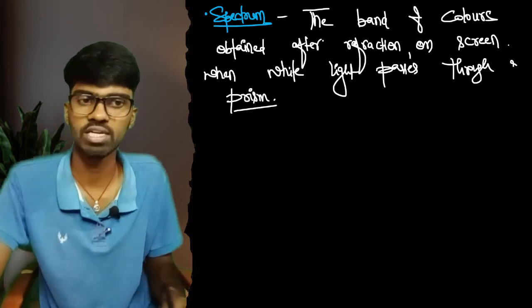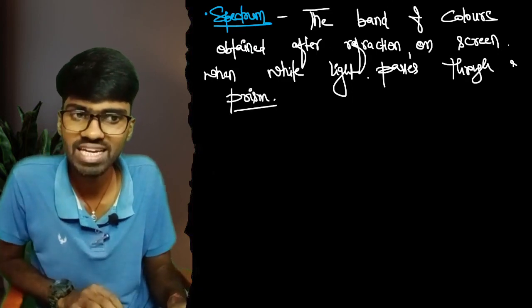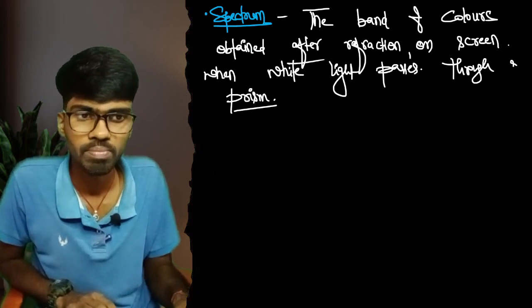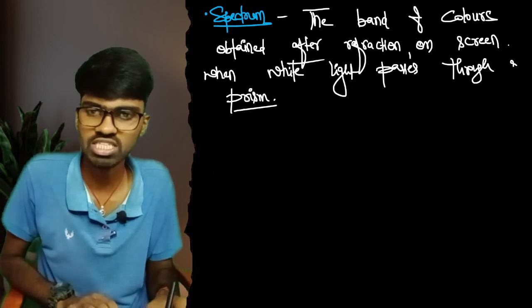So this is spectrum: the band of colors obtained after refraction on a screen when white light passes through a prism is known as spectrum.